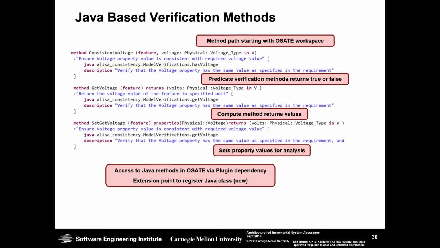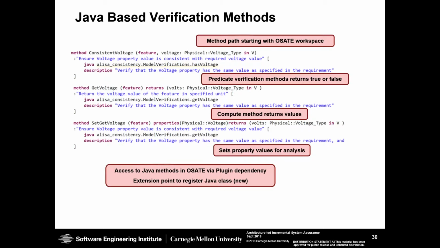Here's an example of a Java-based specification of verification methods. In all cases, you map the method to a method in a Java class. You just specify a path for it, and you specify parameters that are expected.